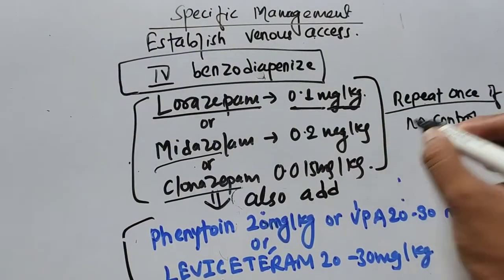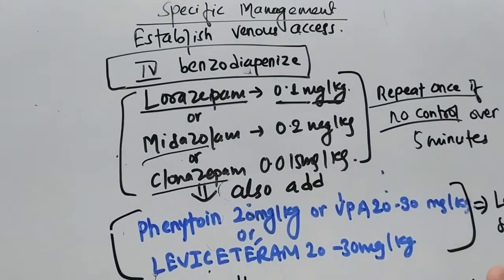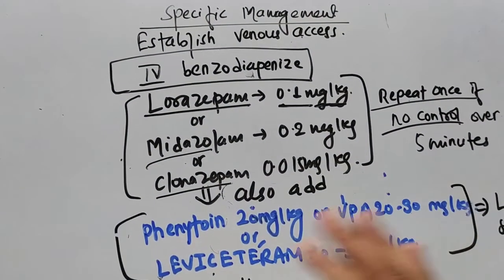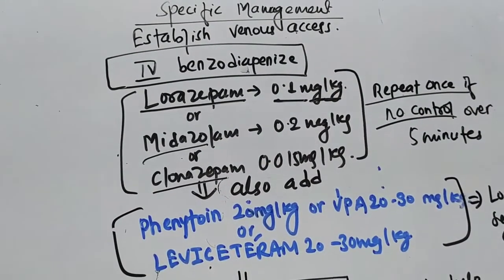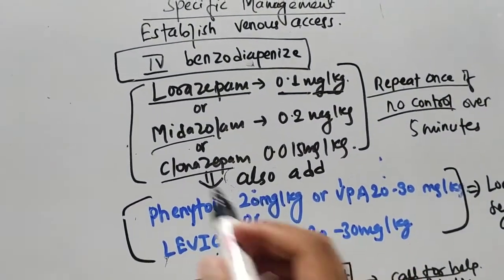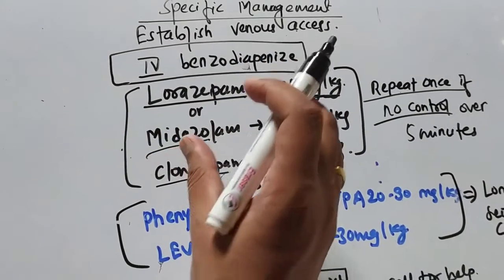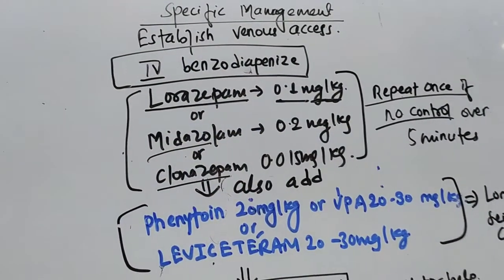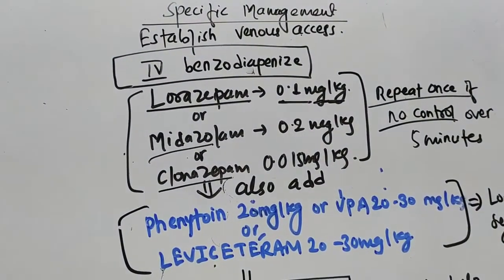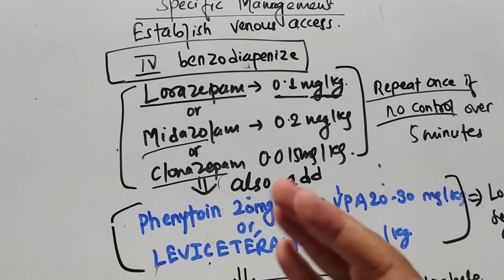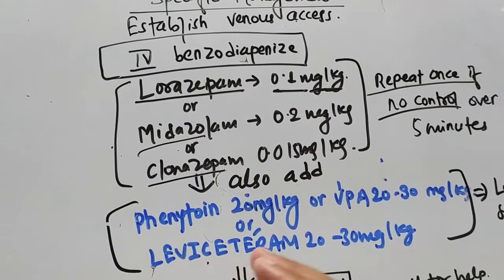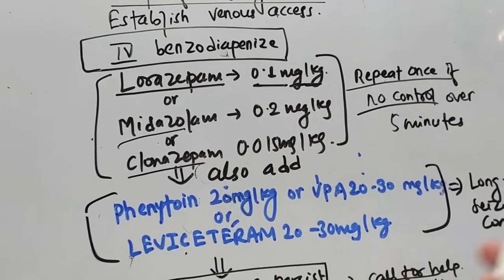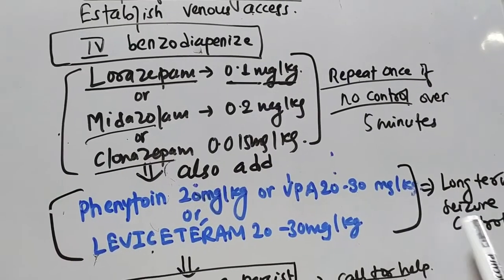and repeat once if there is no response over 5 minutes. You have given the drug, but after 5 minutes there is still no response, then you can repeat the same dose once again. These first line agents, the benzodiazepines, work for a very short time. So we will add phenytoin, valproic acid or levetiracetam. They will cause long-term seizure control.